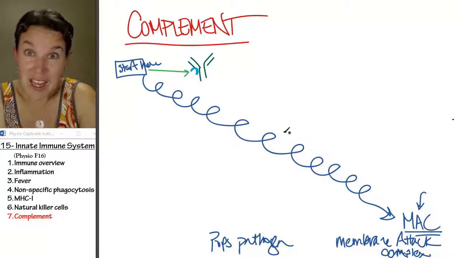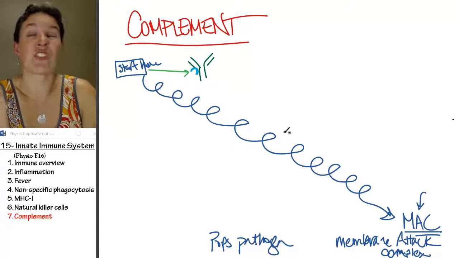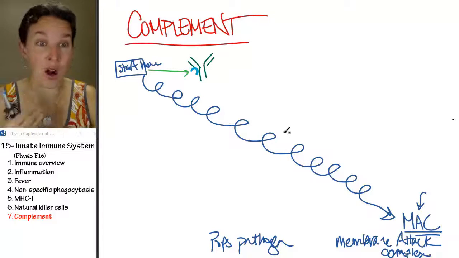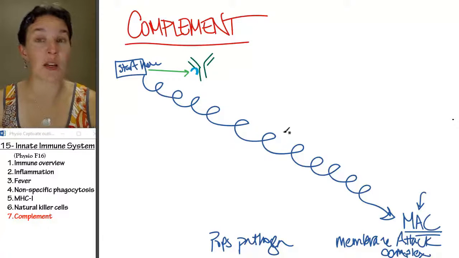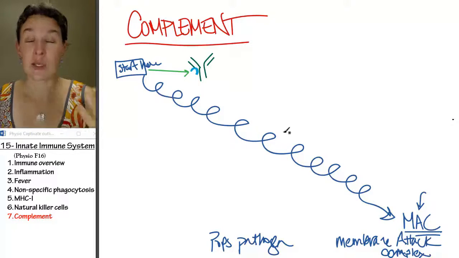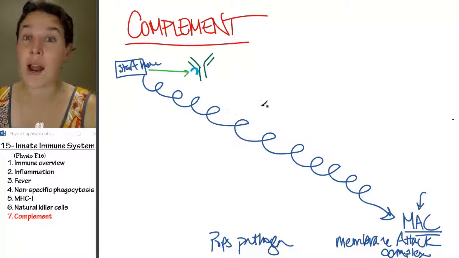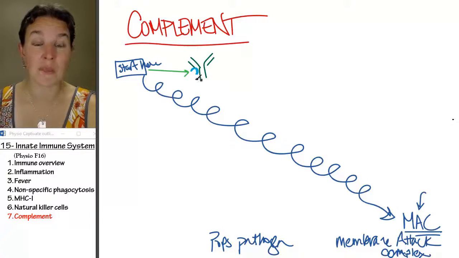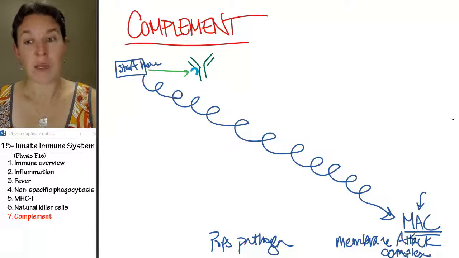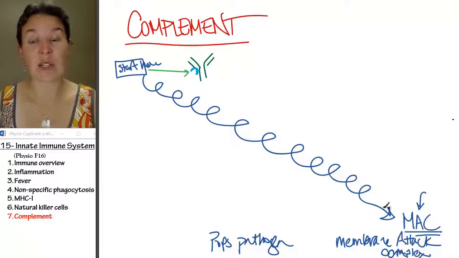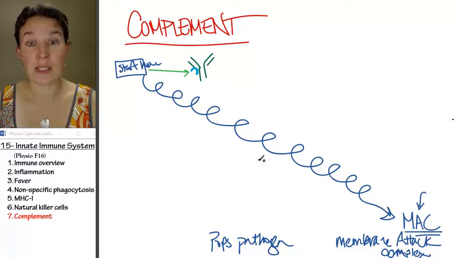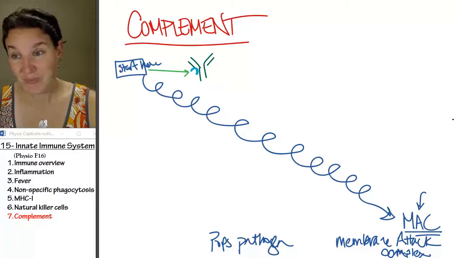So the presence of antibodies, there's lots of antibodies if you are initiating a serious immune response to a bad guy, especially after we've activated the acquired immune response, which we haven't talked about yet. Lots of antibodies mean we'll have lots of opportunities to go through this complement cascade.